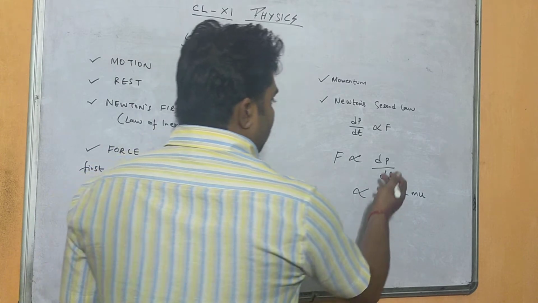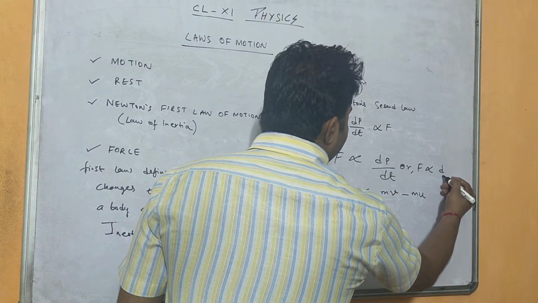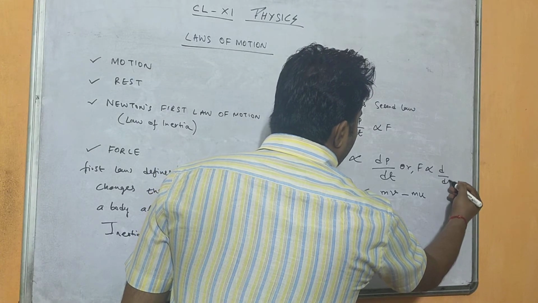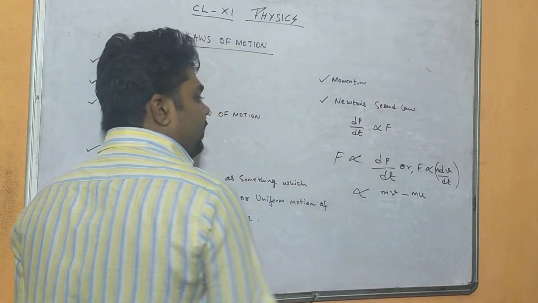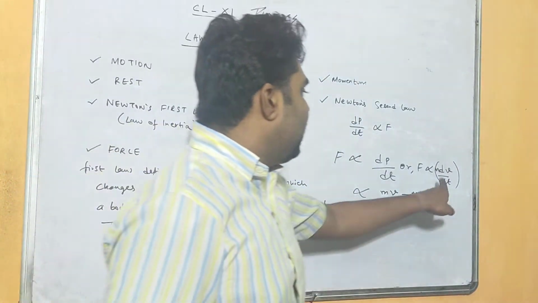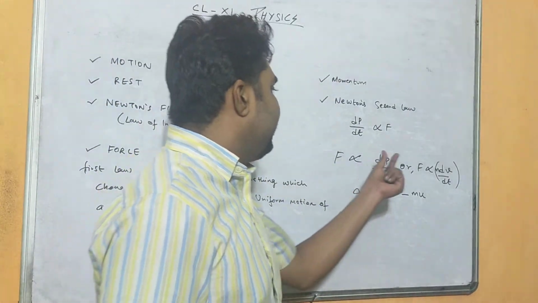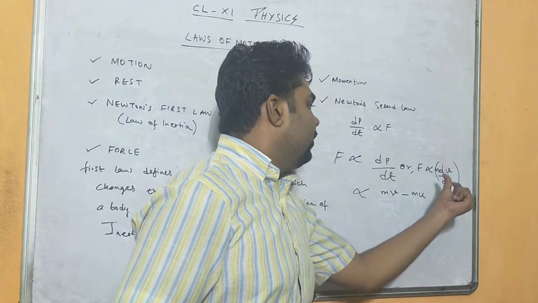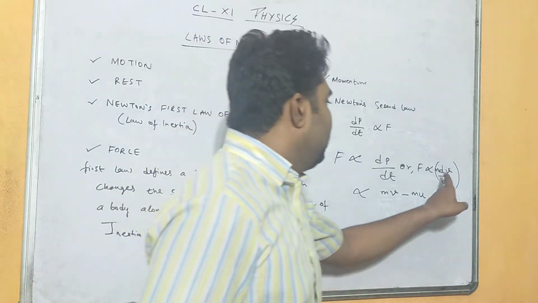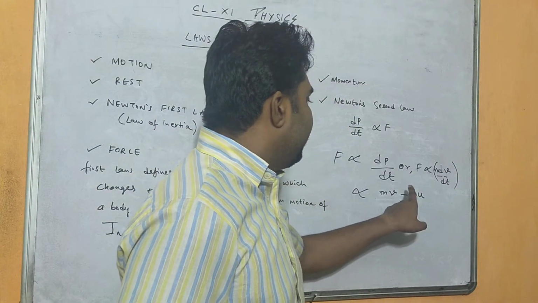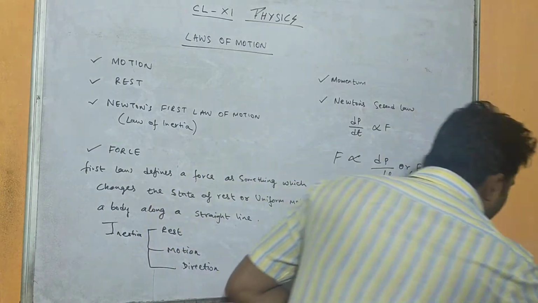So F is directly proportional to m into (v minus u). Mass will remain the same because it is a scalar quantity, so what is getting changed is the velocity. Change in velocity is written as final velocity and initial velocity. Let me write it clearly here.